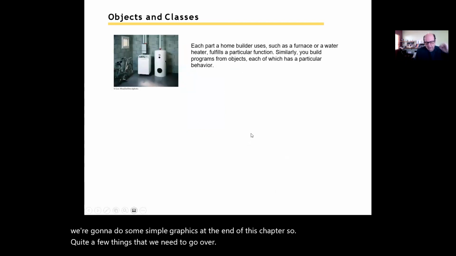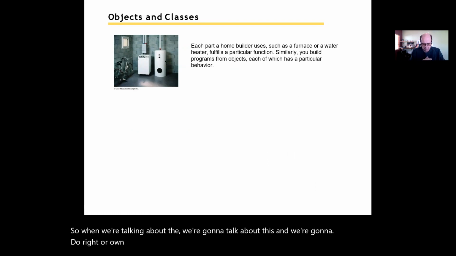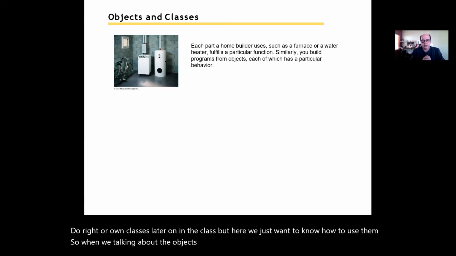So when we're talking about objects, we're going to write our own classes later on in the class, but here we just want to know how to use them. When we're talking about objects, they are things that have some functionalities.